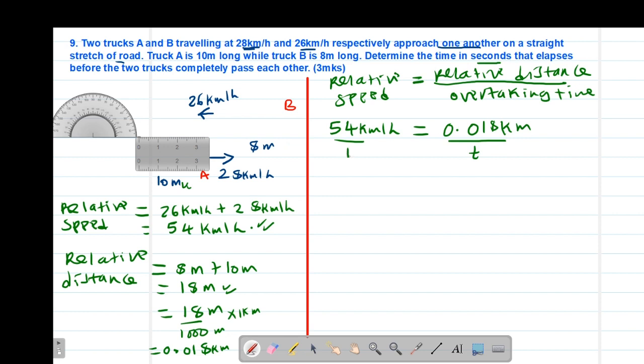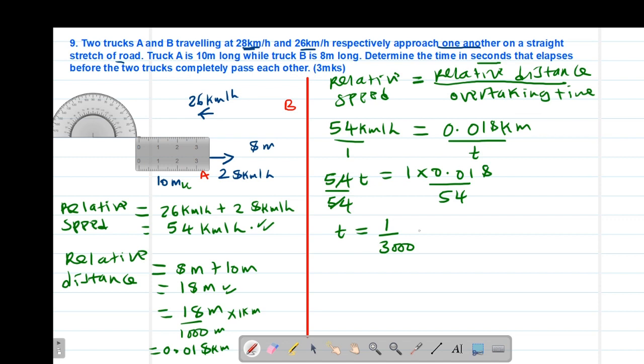Cross multiplying, I have 54t equal to 1 multiplied by 0.018. Dividing through by 54, the overtaking time t is 0.018 divided by 54, which gives 1 over 3,000.